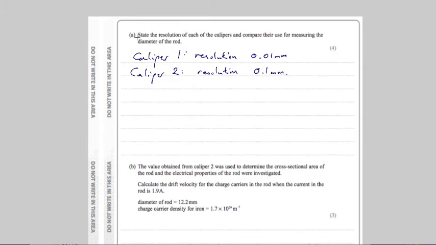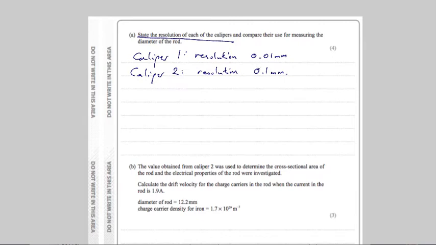So that's 2 marks because we have stated the resolution of each of the calipers. We've done the first thing the question asks. And then compare their use for measuring the diameter of the rod. Now, we just need to make 2 valid points. So first of all, we can see that there's a higher resolution for caliper 1, which is going to lead to a lower uncertainty, because to work out the uncertainty, we need to find the resolution as a fraction of the actual measurement.